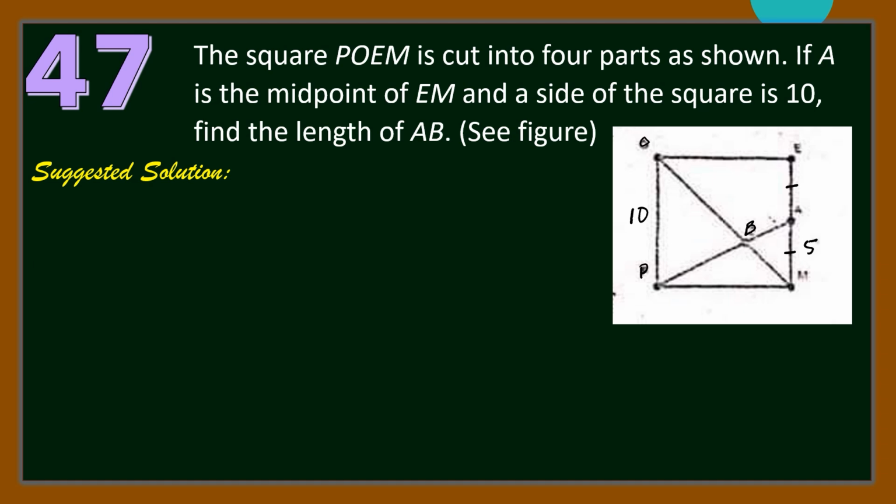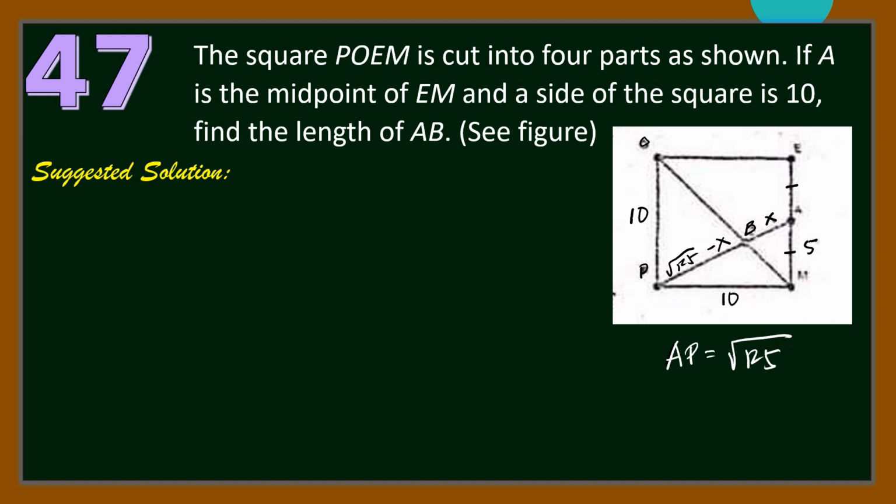Since the side of the square is 10, triangle APM is a right triangle. Then AP is equal to the square root of 10 squared plus 5 squared. That is square root of 125. Hence, let x be the length AB. Then PB is equal to square root of 125 minus x.